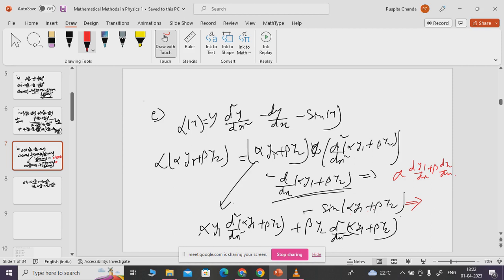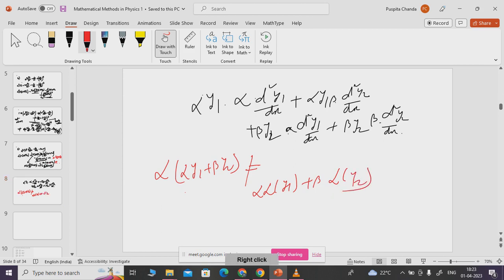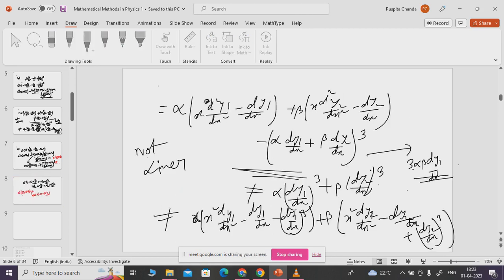Doesn't have any problem, but this term sin A plus sin B, the formula should have to apply, which is sin A cos B plus cos A sin B. So again this whole alpha y1 plus beta y2 will not give alpha linear operator y1 plus beta linear operator y2.